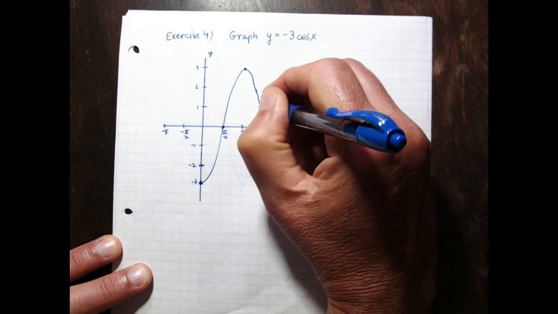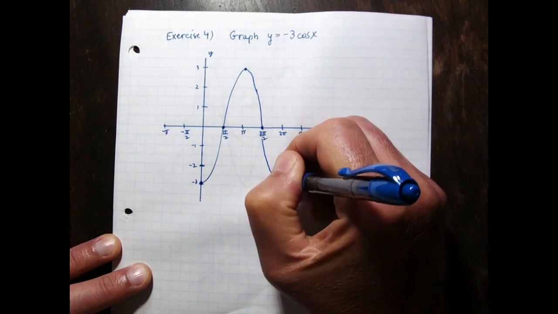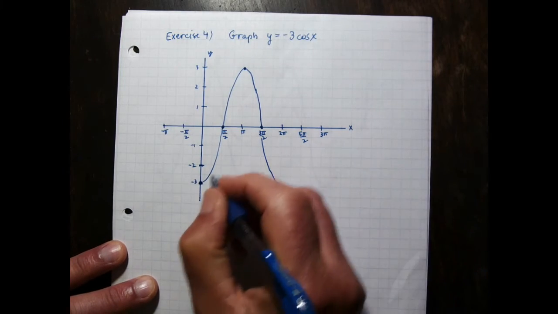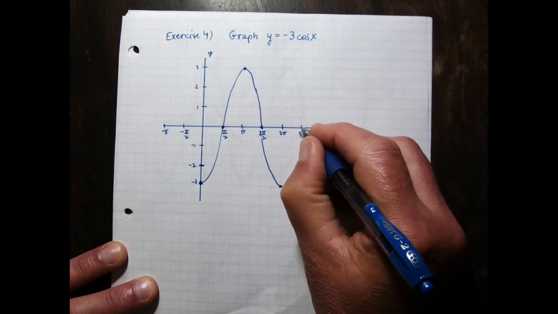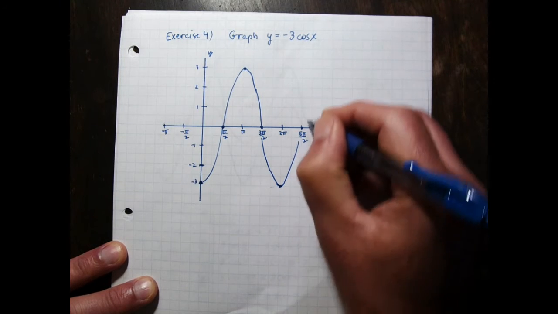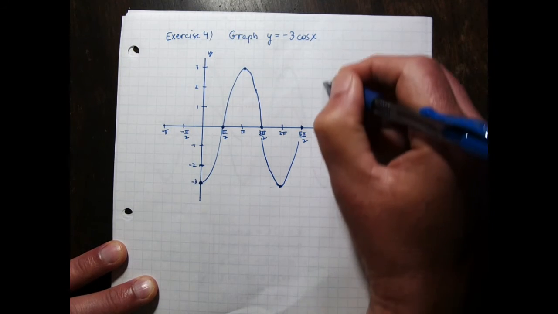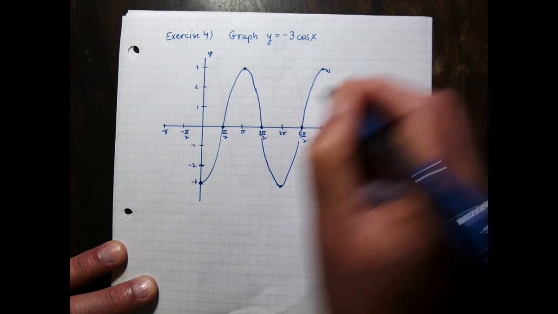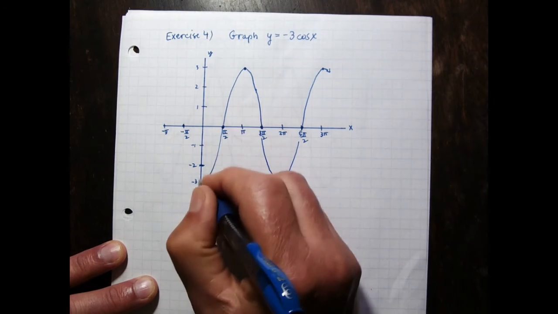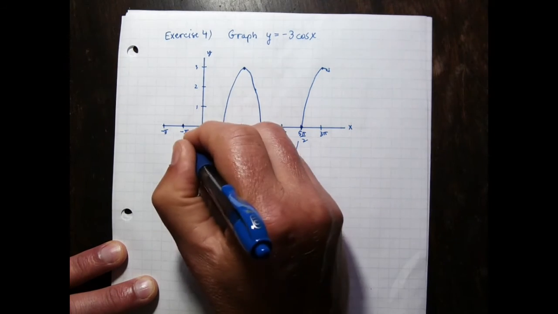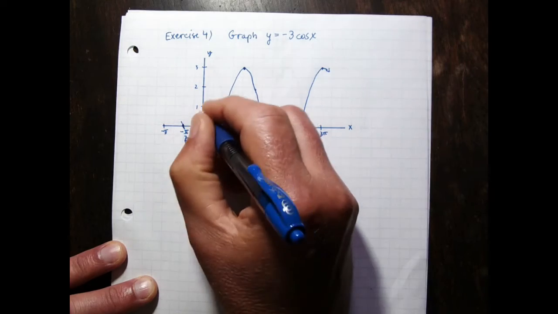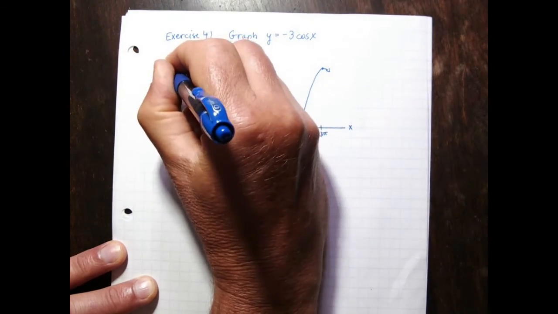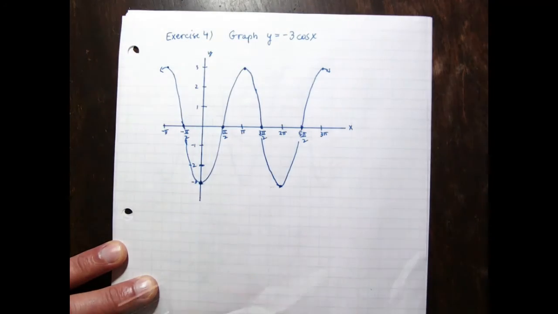And I fill in my wave. So notice again, there are all these other values that we don't worry about anymore because we know what the shape is going to turn out to be. And I even know at 5 pi over 2, I'll be at 0, and I know at 3 pi, this graph is going to be back at 3. If I go in a negative direction, I'll be 0 at negative pi over 2, and at negative pi, I'm positive 3.